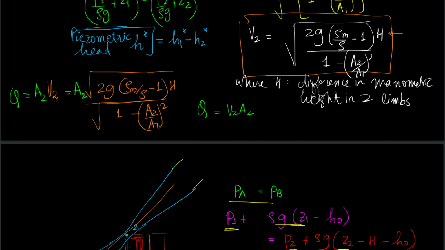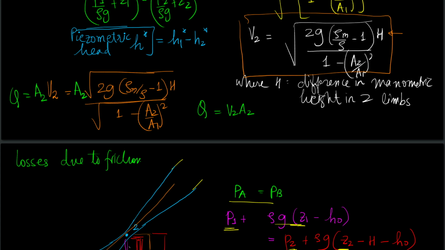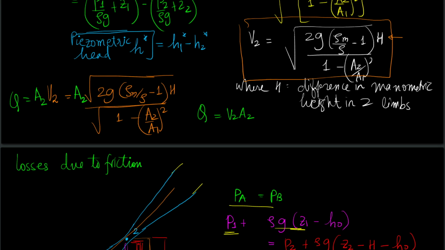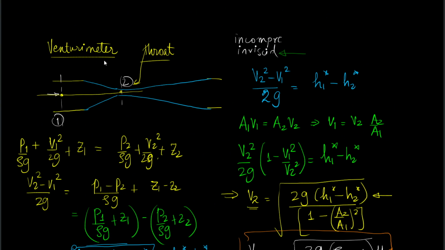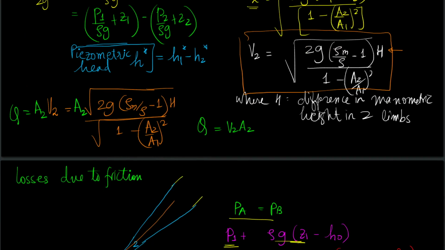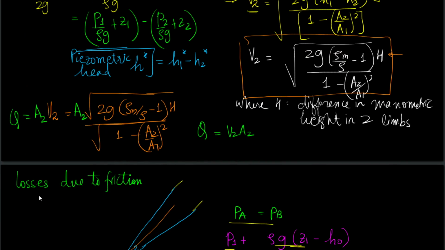Now, in reality, the volume flux will not be equal to this quantity. In fact, it will be lower than this quantity, on account of losses due to friction. A Venturi meter usually does not have losses due to eddies, but the fact that viscosity is present in the problem does lead to a reduction in the energy as fluid goes from point 1 to point 2, and that reduction in energy reflects in the form of a loss in velocity.